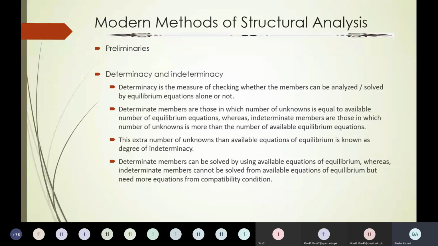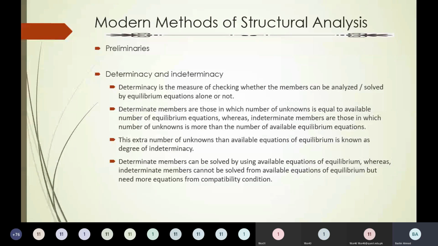When we cannot use summation of x equal to 0, the number of available equilibrium equations becomes 2, not 3. So if a beam has 3 reactions and available equilibrium equations are 2, then the beam will be said to be indeterminate. If we consider the number of equations equal to 3, the beam will be determinate, because 3 reactions and 3 equations define the beam as determinate.